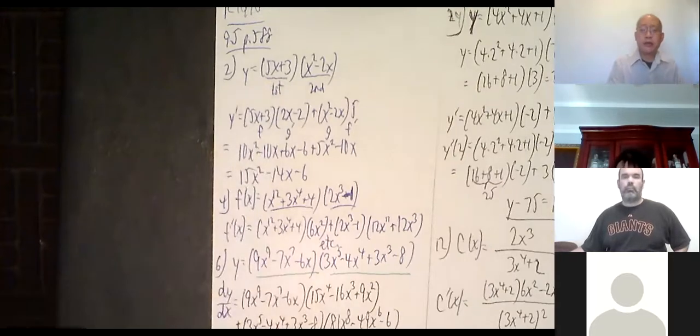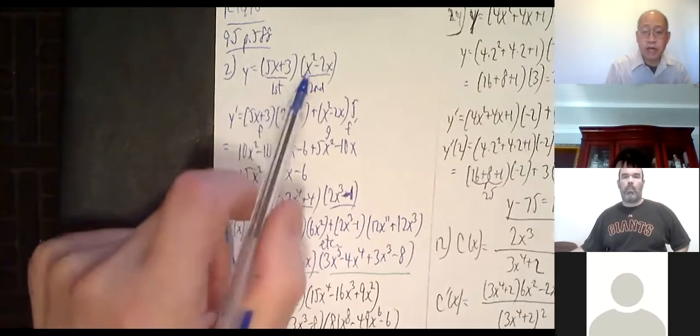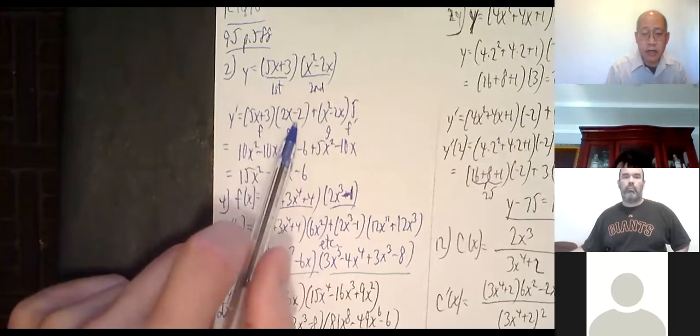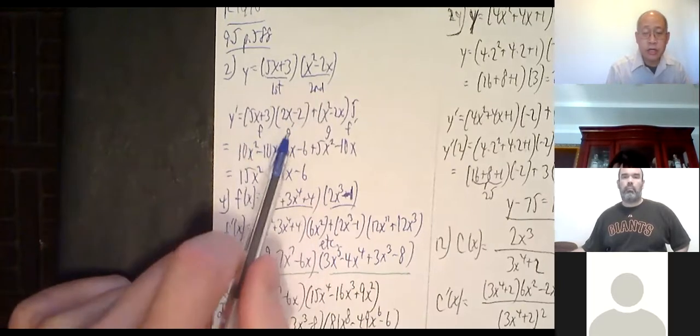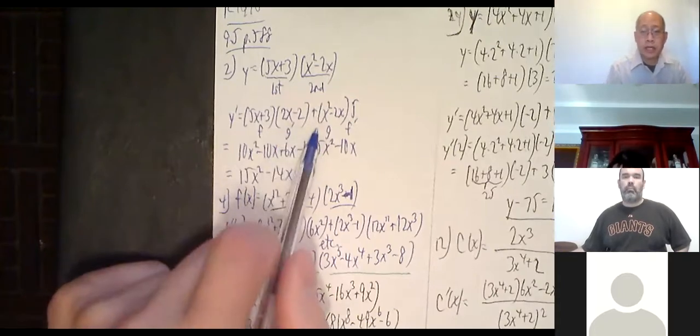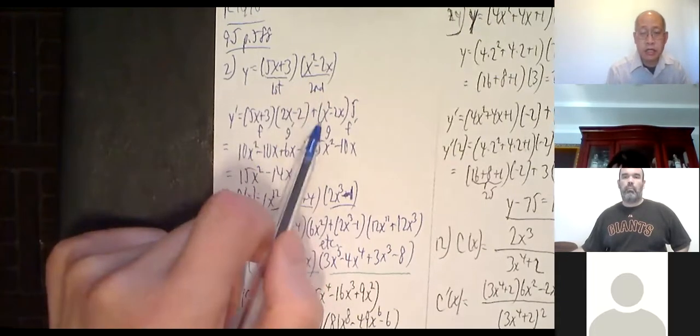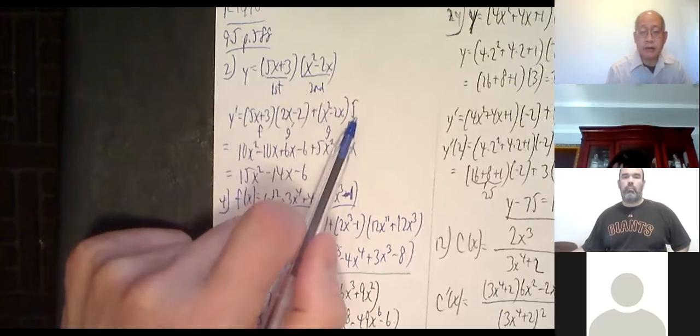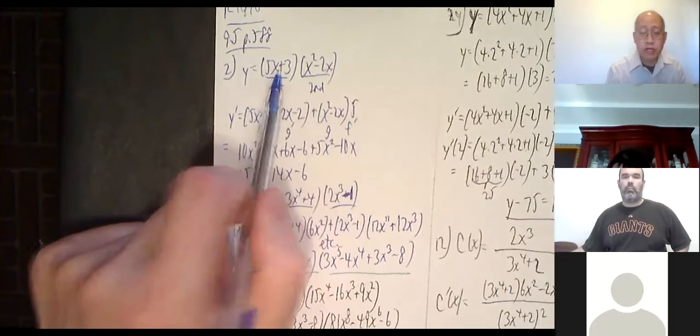And then it's times the derivative of the second function. So I differentiate x squared minus 2x. That comes out to be 2x minus 2. f g prime, plus second function, g, x squared minus 2x, and then times the derivative of the first function, which is 5.